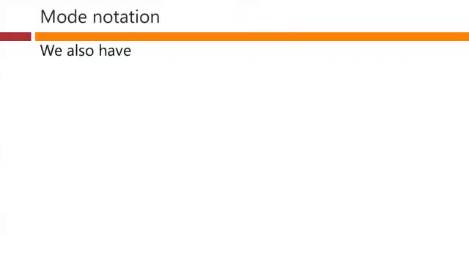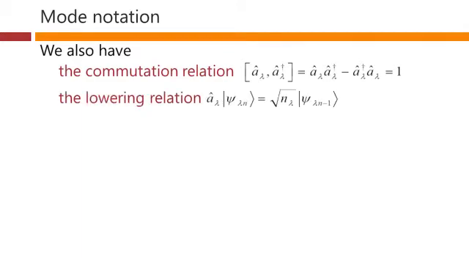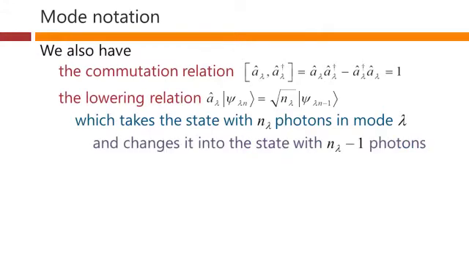We also have, of course, the commutation relation, just like we had before, but with the lambdas everywhere in the relation. And we have our lowering relation, which takes the state with n lambda photons in a mode to the state with n lambda minus 1 photons in the mode.